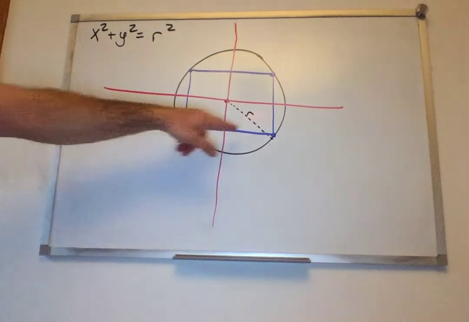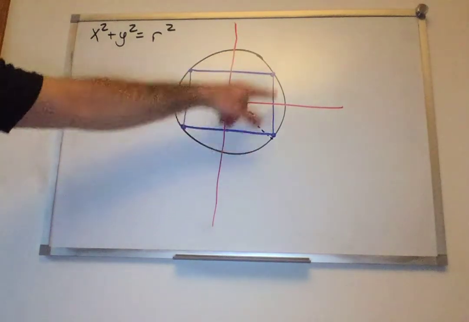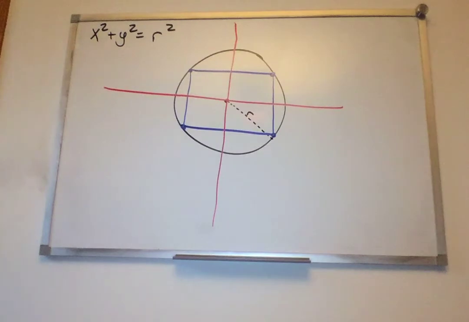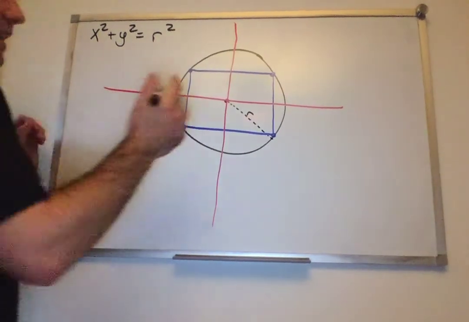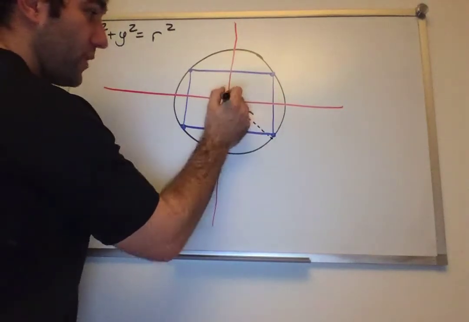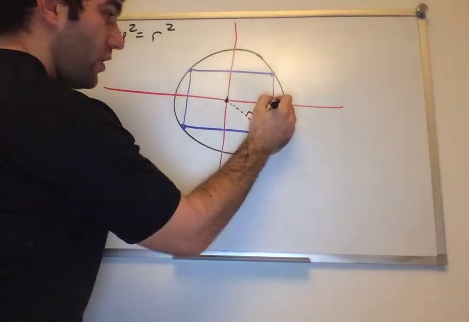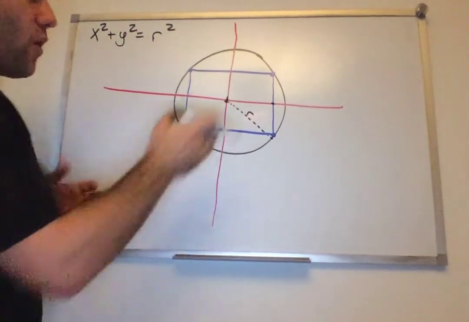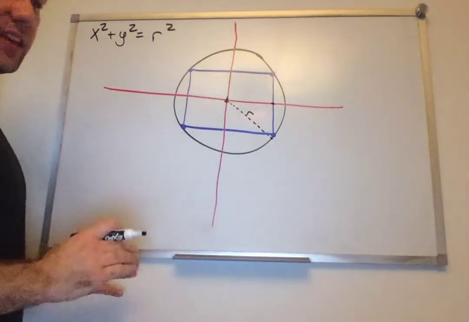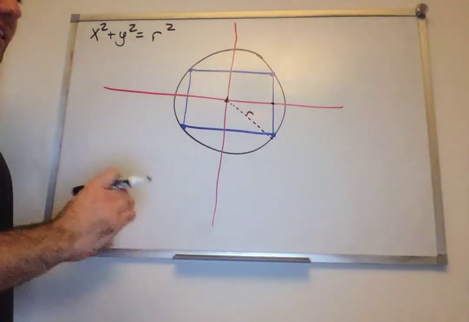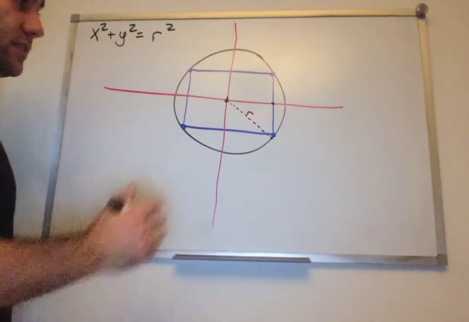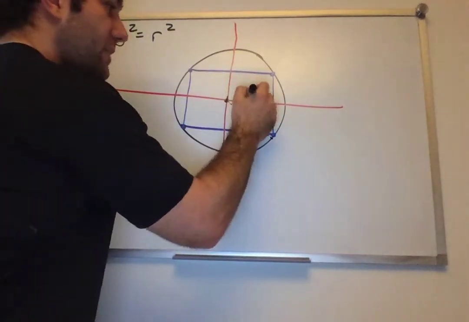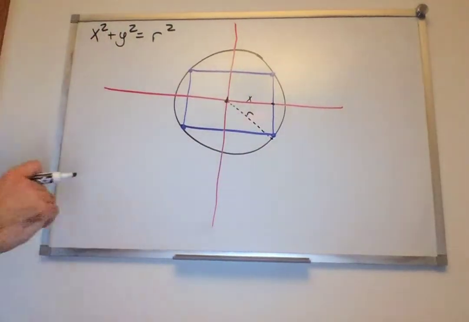So now let's look at the area formula for this rectangle. If I go this direction from the origin all the way to over here, I don't know how far that goes out. We're being a little general here. We're not sticking actual numbers to things. But I go some distance x away.